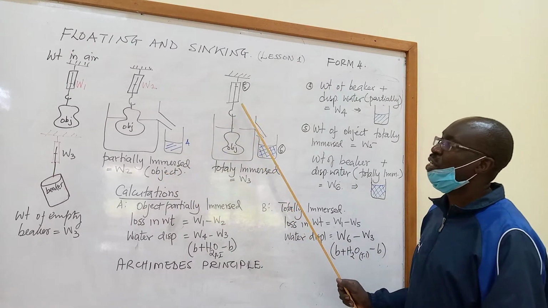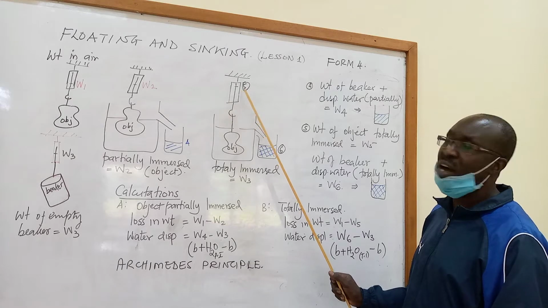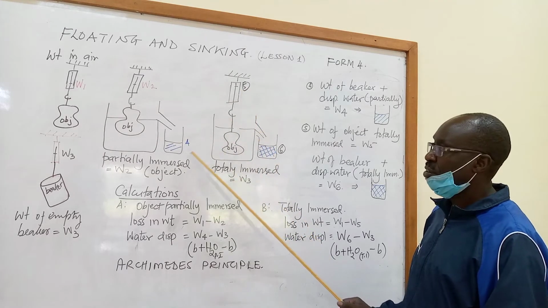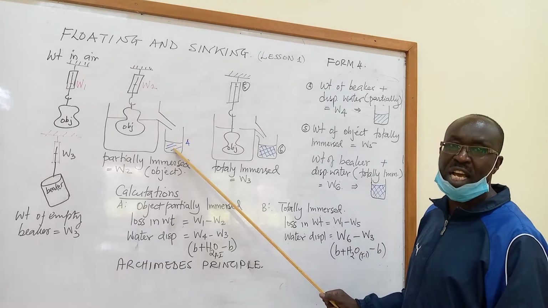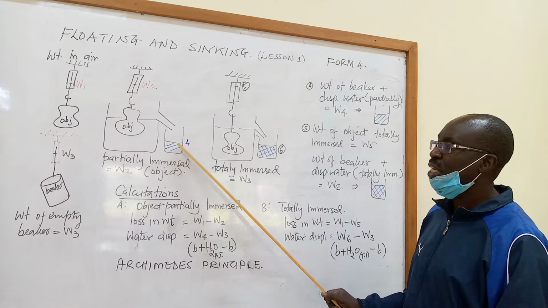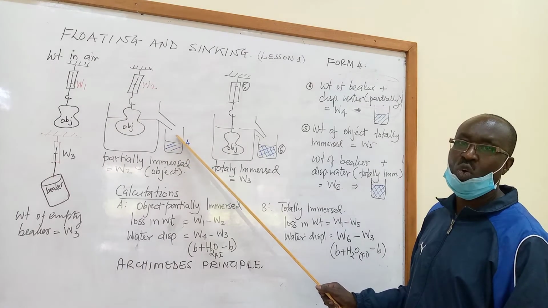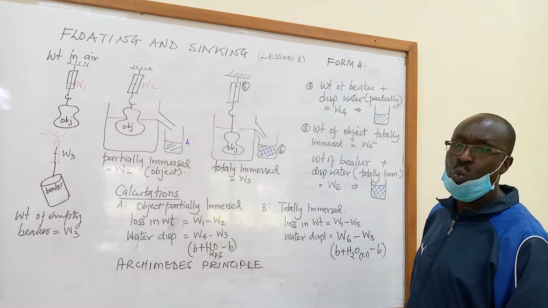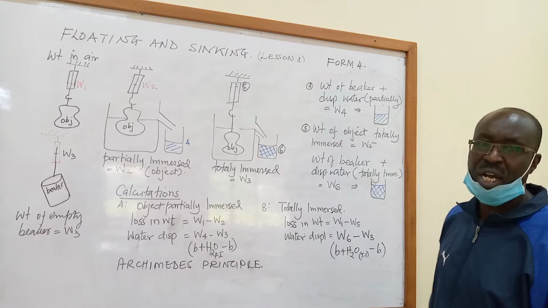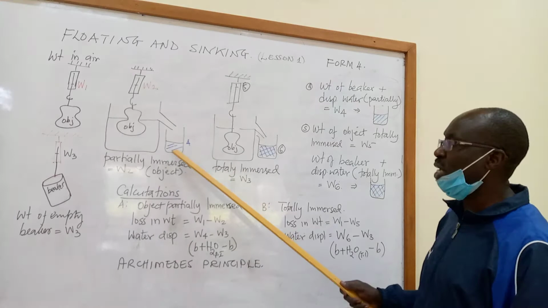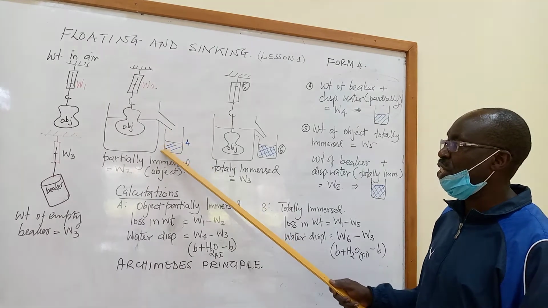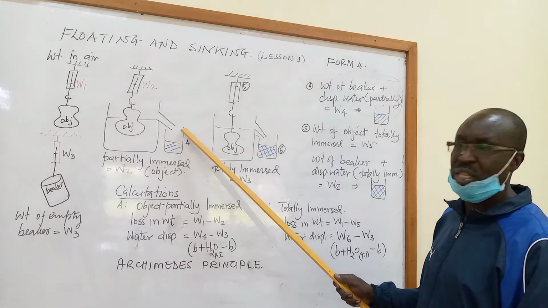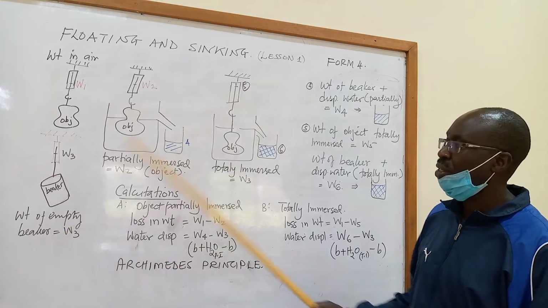Then you can have the weight of the water displaced and the container weight. You can have this water that has been collected, which is inside a beaker, that you know its weight.